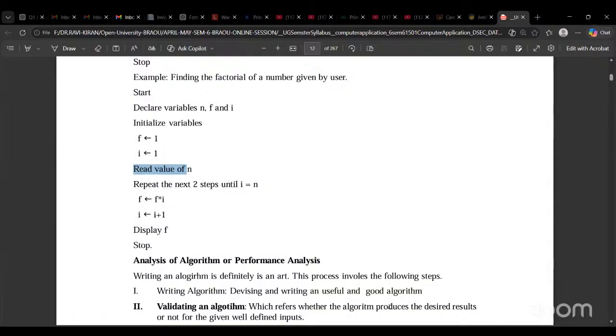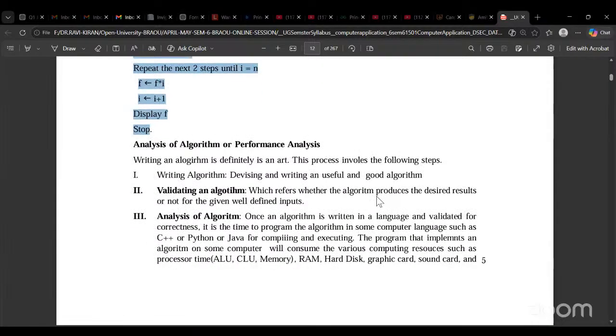And repeat the next two steps until i is equal to n. So this is one more algorithm.